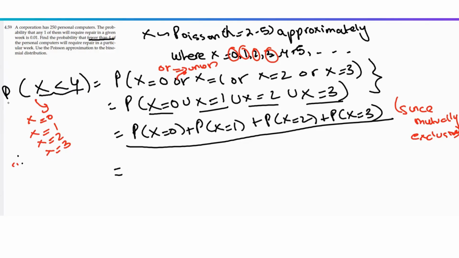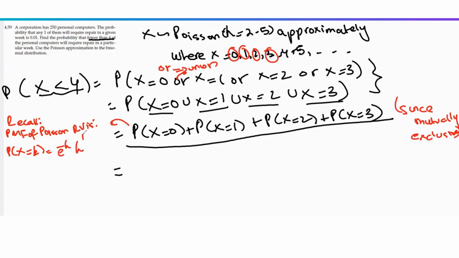So for that, let's recall what the PMF is. Let's erase this much to have more space. So now let's recall the PMF of a Poisson random variable. This is not a Poisson random variable, this is an approximation, but because we're approximating using Poisson, we have to use its PMF. The probability x is k is e to the minus lambda, lambda to the power k, by k factorial.